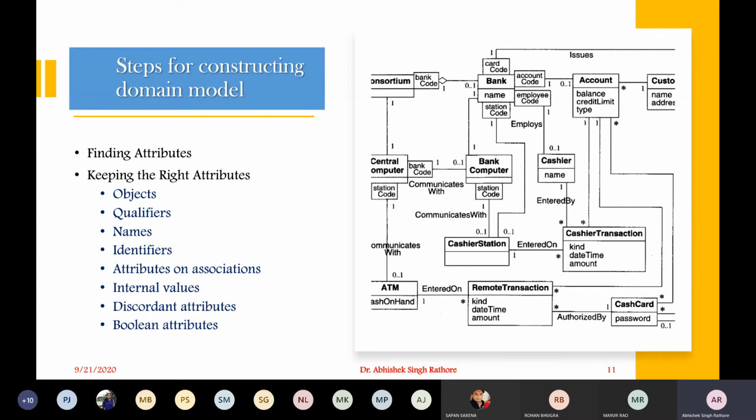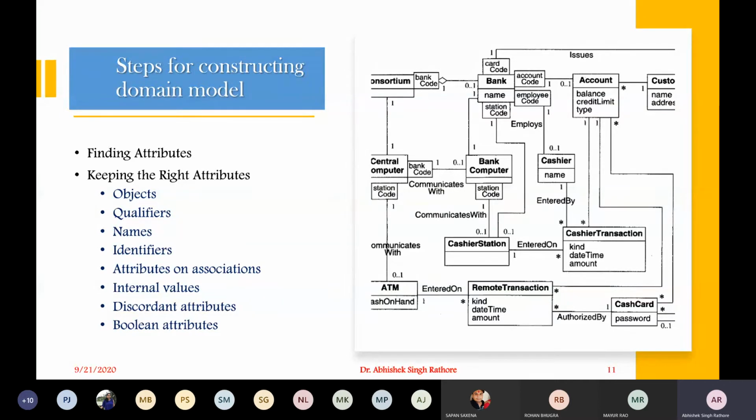Then we have internal values. Let's say we have an attribute that describes the internal state of your object that is invisible to the object, so we can eliminate it from your analysis. Why? Because this internal value reflects the dynamic behavior of your particular information system. So it usually defines a dynamic model.